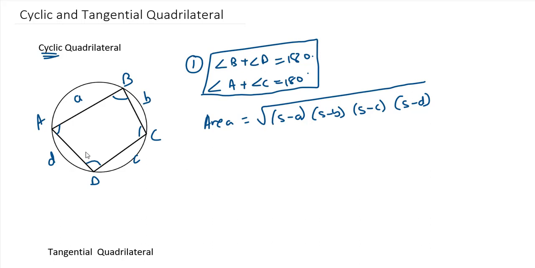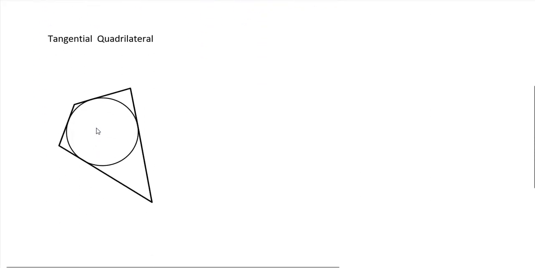Let us see now what is a tangential quadrilateral. If a quadrilateral is drawn in such a way that all the four sides of the quadrilateral are tangent to a circle, then such a quadrilateral is called a tangential quadrilateral.